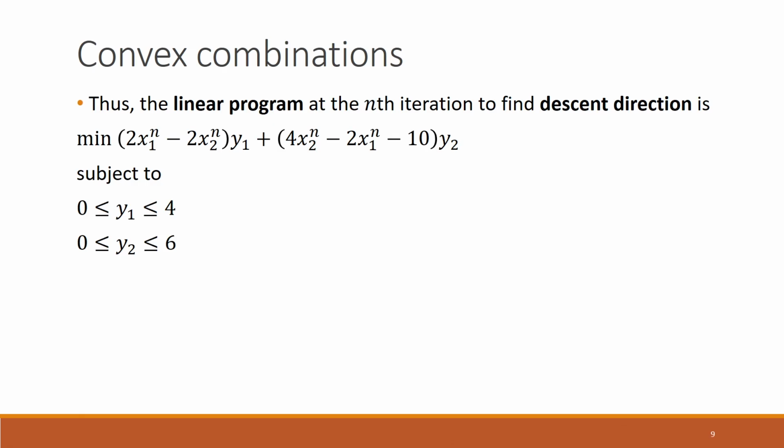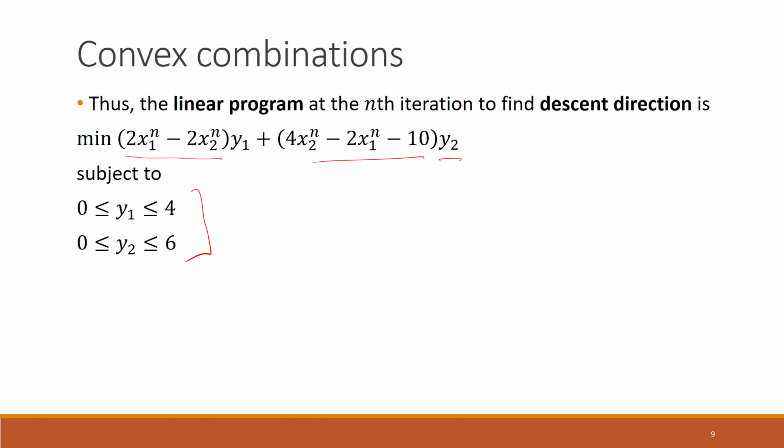So therefore, now that we have the gradient information of this function, we can now write the linear program to find the descent direction. This is the partial derivative of this function with respect to x1 times this y1 plus the partial derivative with respect to the second variable x2 times y2, and subject to that this new point y1 comma y2 should be feasible.